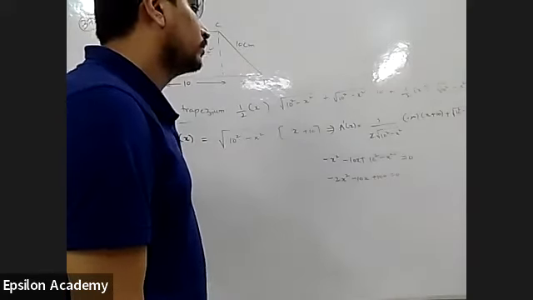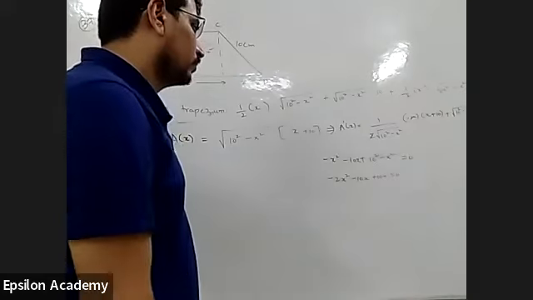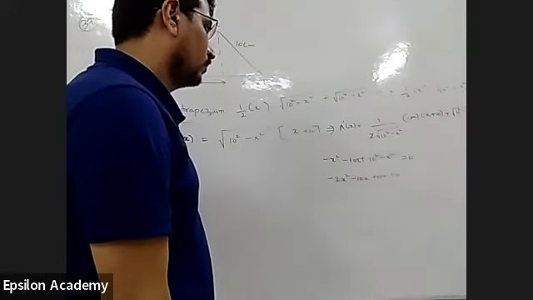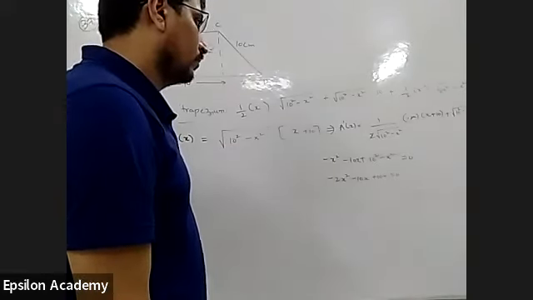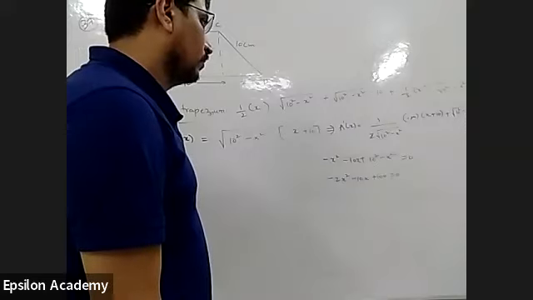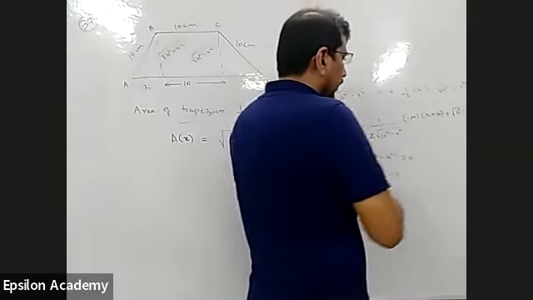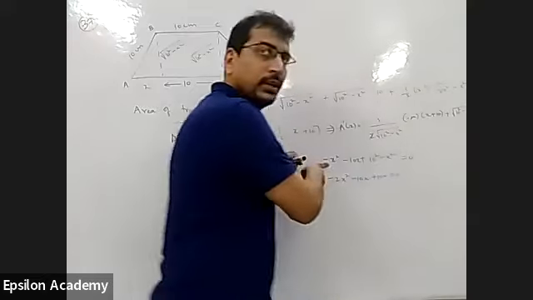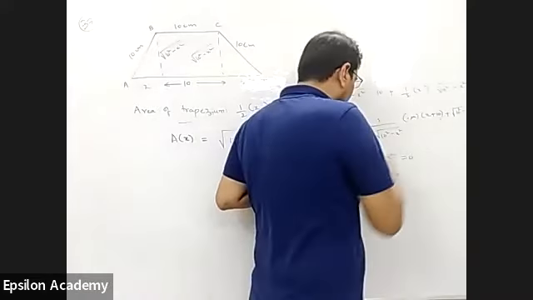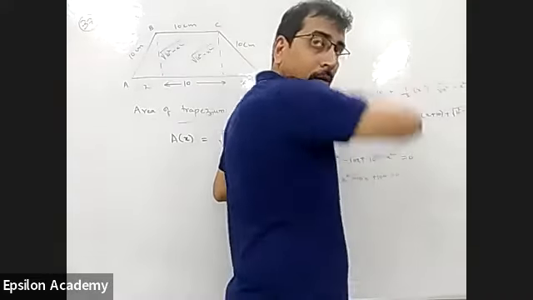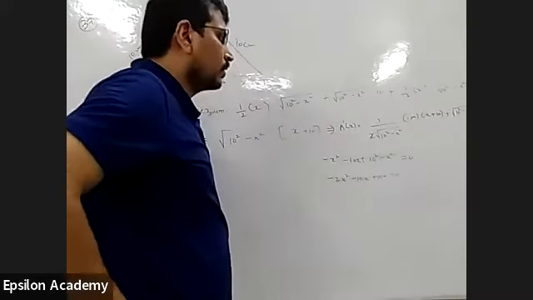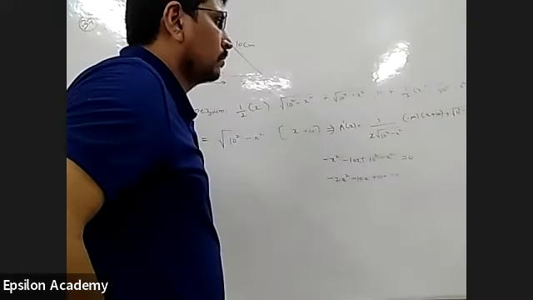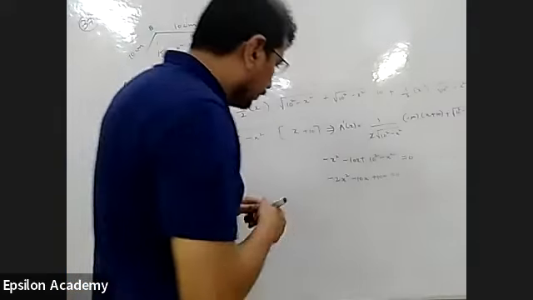Why 200? I cancel the 2, no? But when I take minus x into x it is minus x square. Minus 10x. Same only, no?